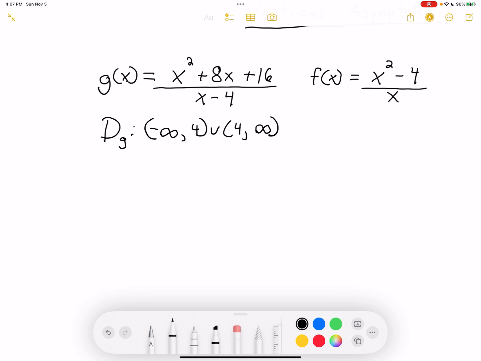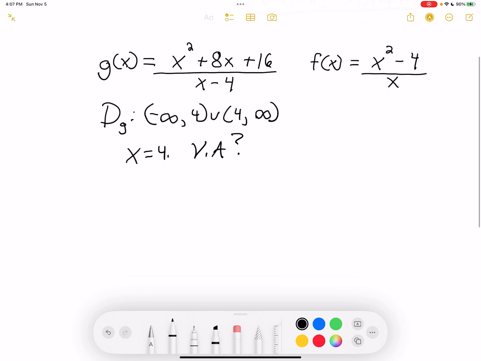So, that is a necessary but not sufficient condition for x equals 4 being a vertical asymptote. So, as of right now, x equals 4 is a possible vertical asymptote, but we don't know for sure yet. It's a candidate vertical asymptote. To find out for sure, we're going to take the limit.